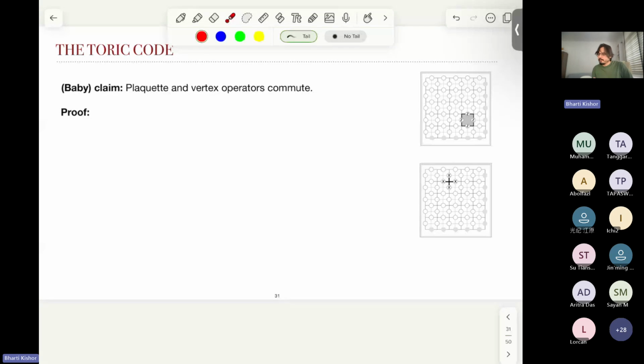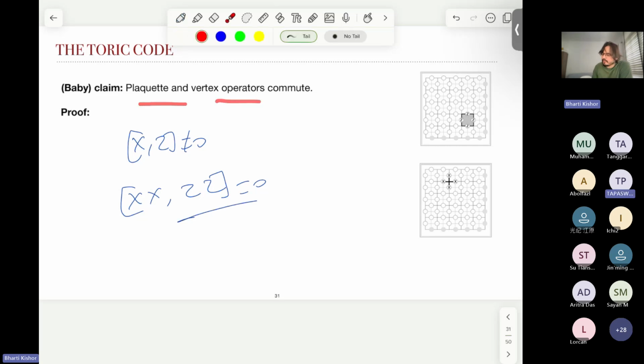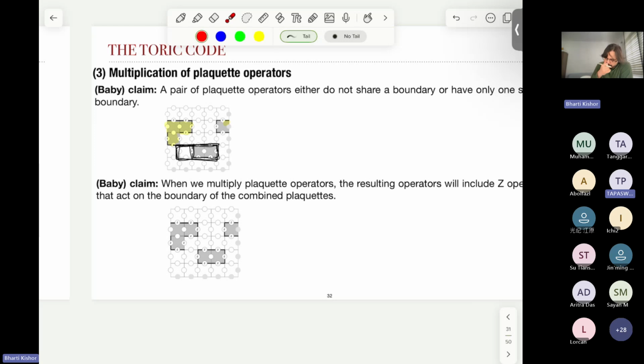They will commute, because any two such operators will either not overlap, or they overlap at an even number of places. And we know that even though X and Z don't commute, if you have an even number of X and an even number of Z, they commute. That proves that the plaquette and vertex operators commute.